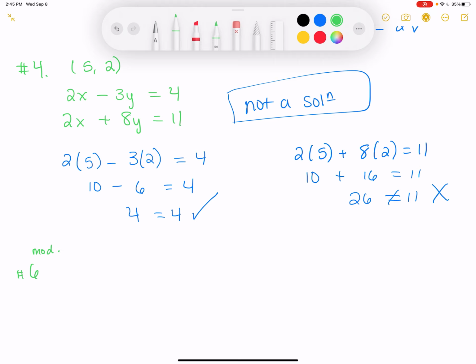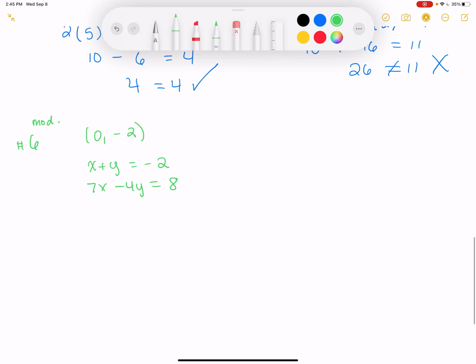So the ordered pair is going to be 0, -2, and your linear system, first one is x plus y is equal to -2. Second one is 7x minus 4y is equal to 8. So check and see if that ordered pair is a solution to the system.